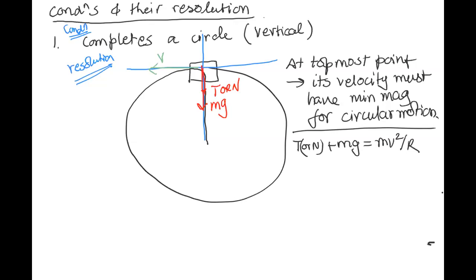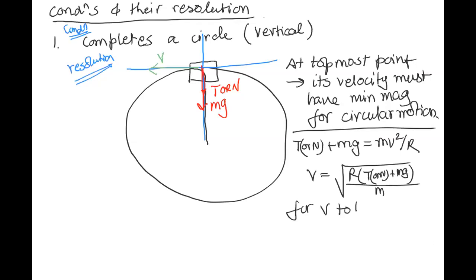The right hand term is very important because mv square by r tells me that there is circular motion. So v is equal to root of r into (T or N, whatever, plus mg) divided by m. Now, for v to be minimum, T or N should be equal to 0.